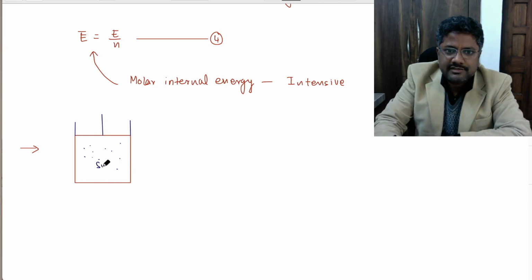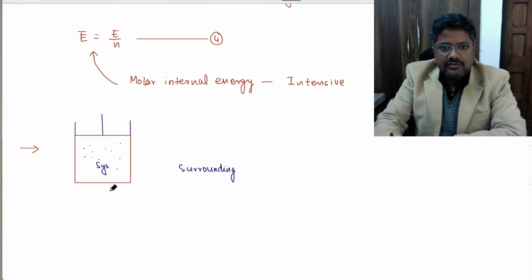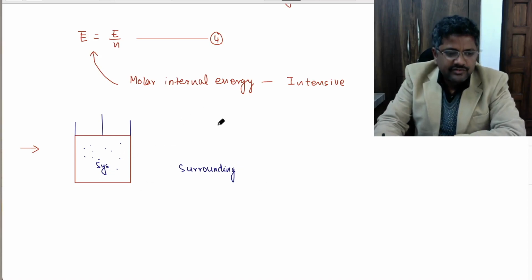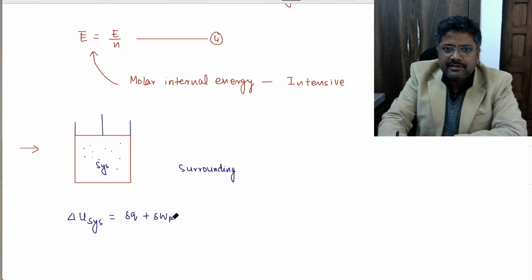So this is the system and this is the surrounding, right? So you can write this equation: delta U of system is equal to delta Q plus delta W PV, this equation.